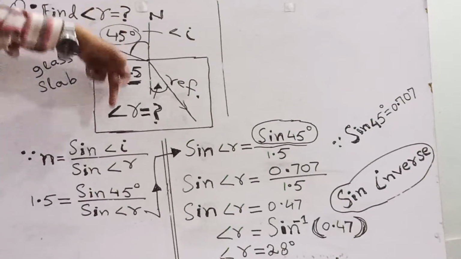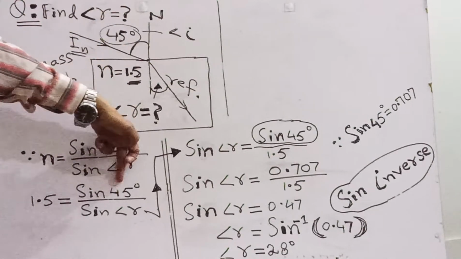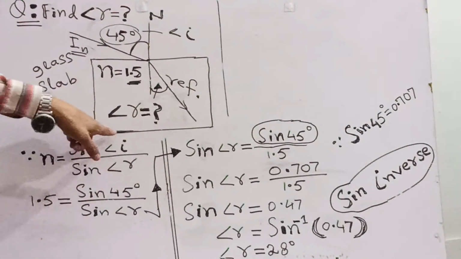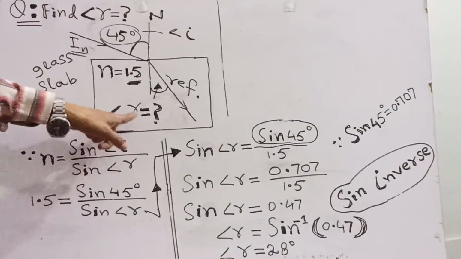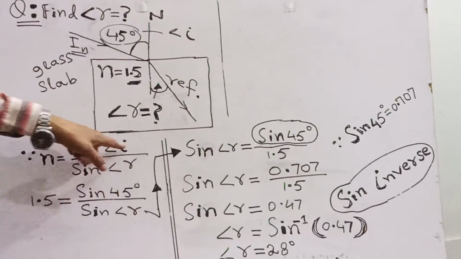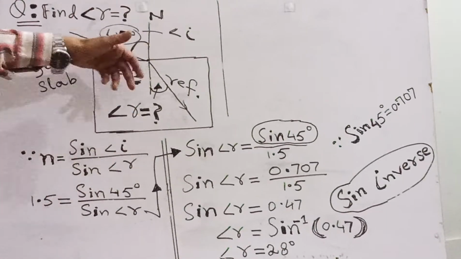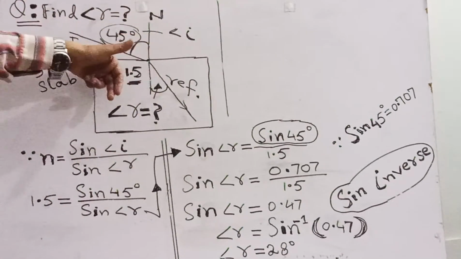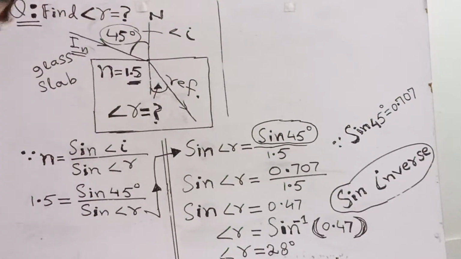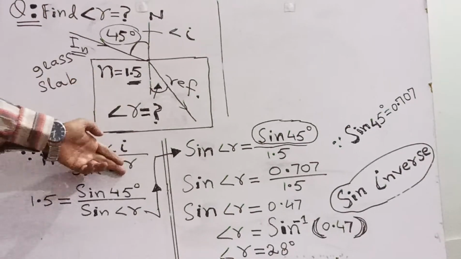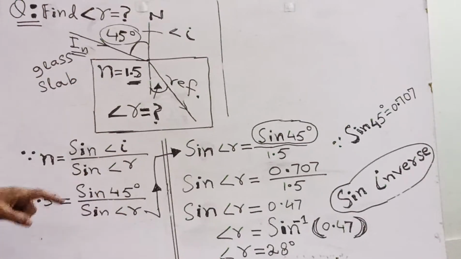We put this 45 degrees over here, and hence angle I is equal to 45 degrees. What is the value of angle R? We don't know the value of the angle of refraction. At which angle does light refract? We don't know that, and in this question, we have to find the value of the angle of refraction. So we will place the symbol as it is.